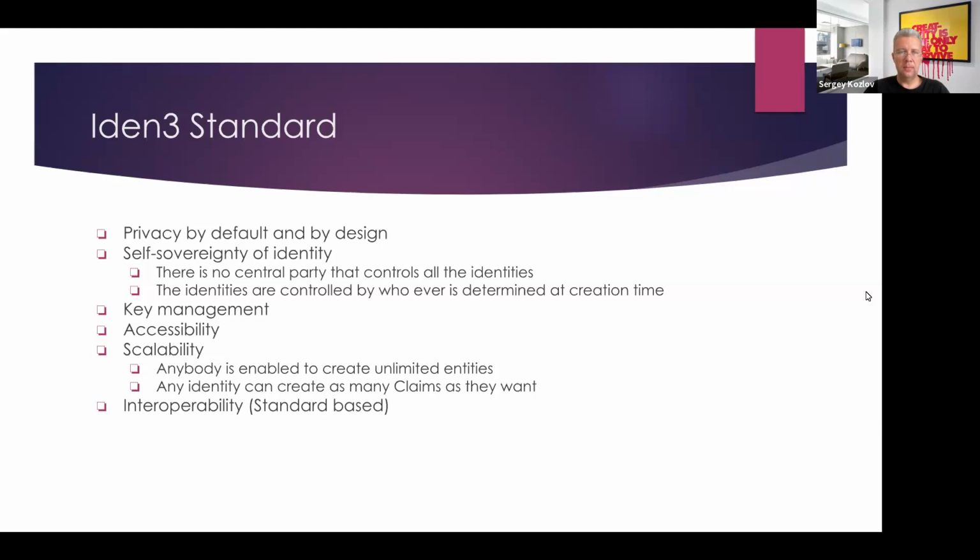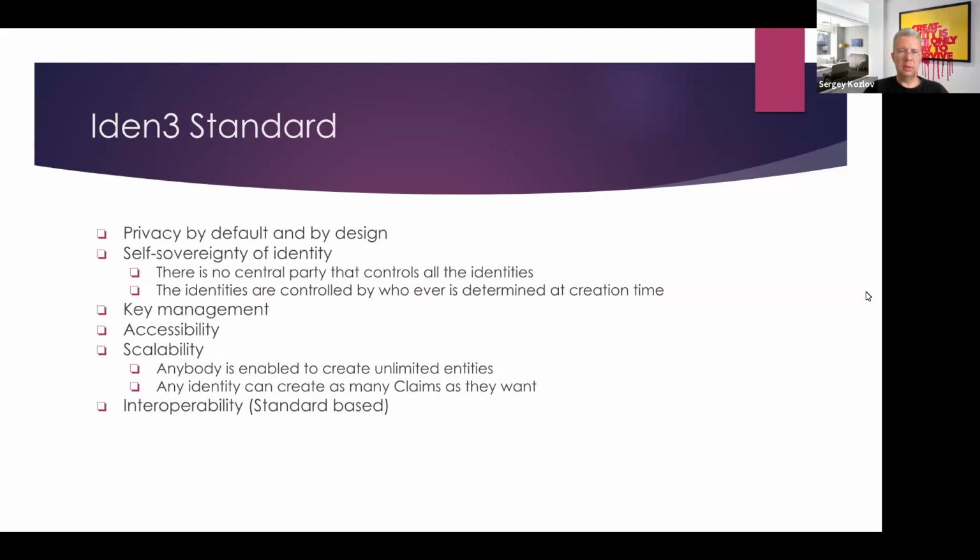So it's a decentralized system. The identities are controlled by whoever is determined at creation time. So if I created the identity, I control it. If I created a claim for you, that you are my friend, I control it. At any time, I can revoke it. That's only my decision.